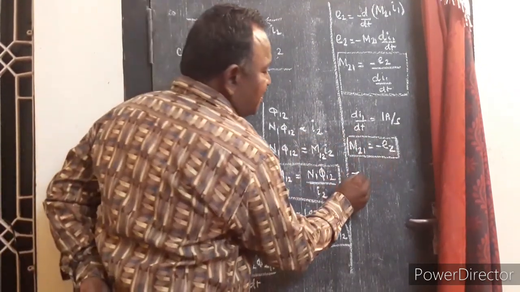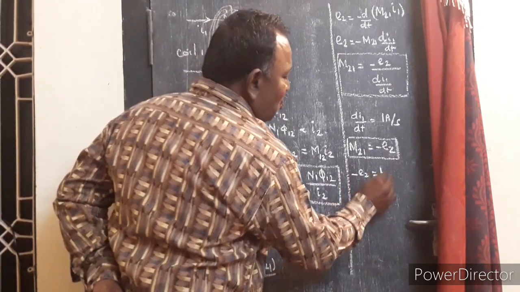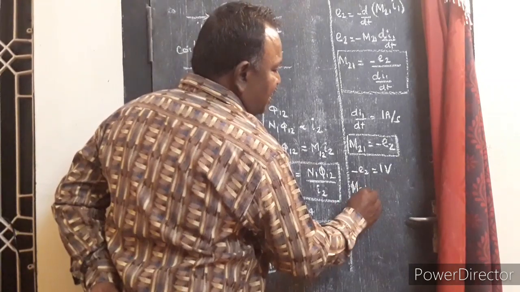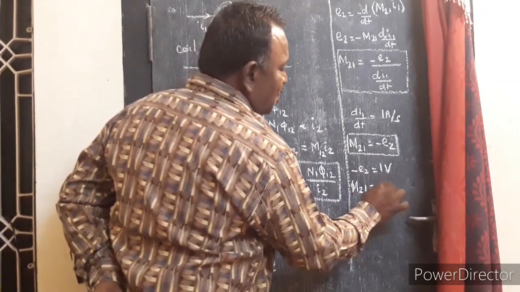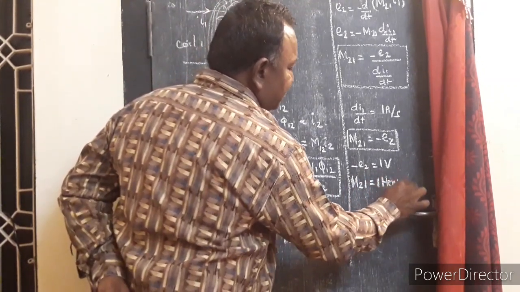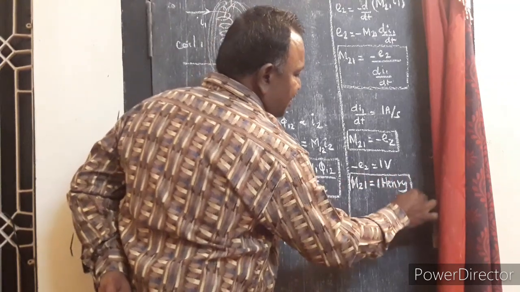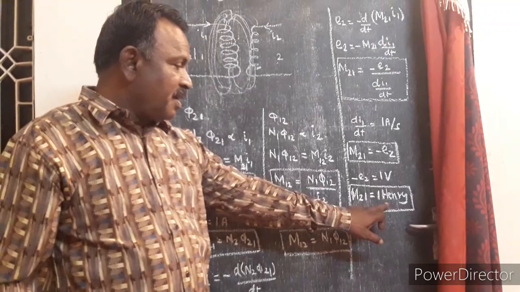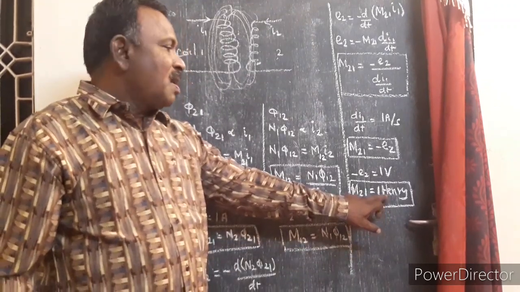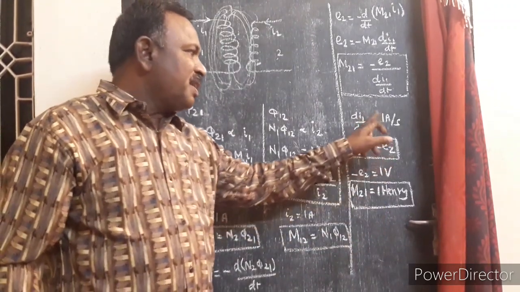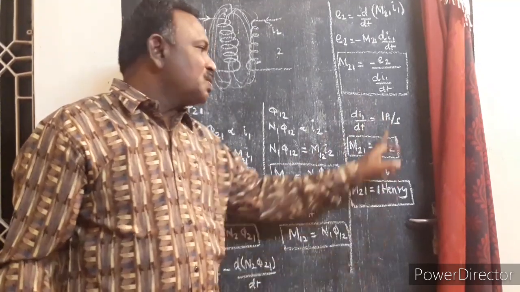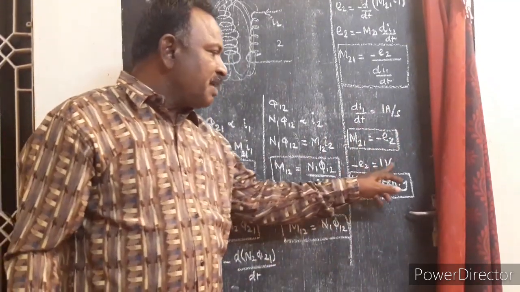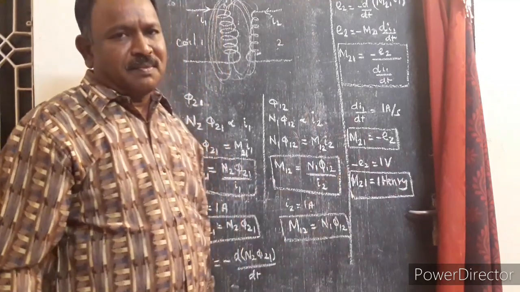When this opposing EMF is equal to 1 volt, then this mutual inductance is equal to 1 Henry. So mutual inductance of a given pair of coils is 1 Henry when the rate of change of current in one coil is 1 ampere per second and induces an opposing EMF of 1 volt.